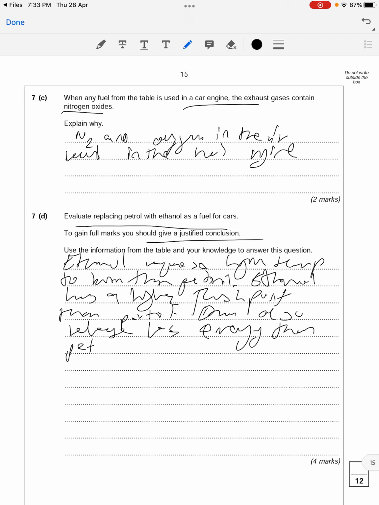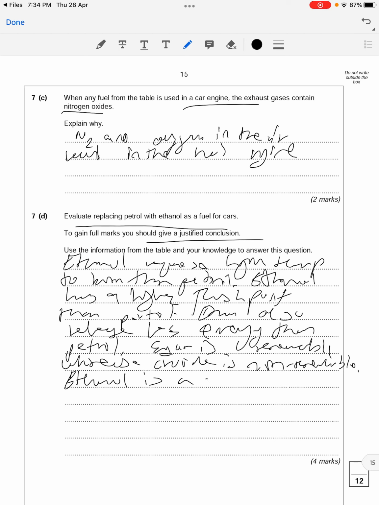And you can mention on the environmentally friendly side that sugar is renewable, whereas crude oil is non-renewable, meaning it will run out eventually, right? Ethanol is made through batch, which is a slow process, while petrol is made with a fast, continuous process.